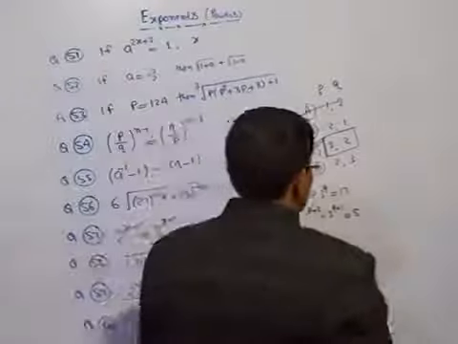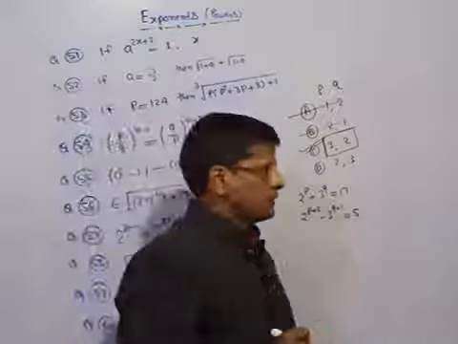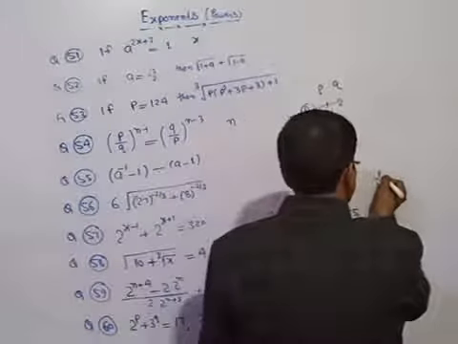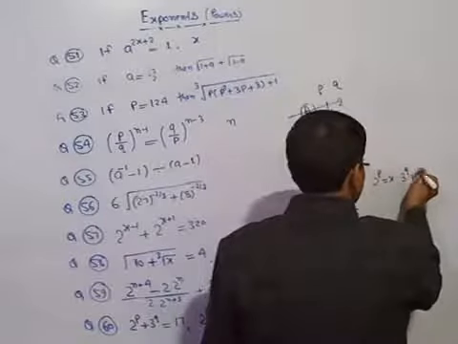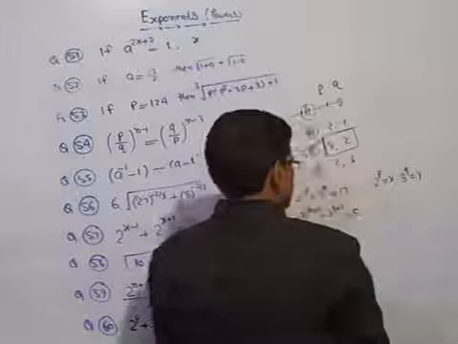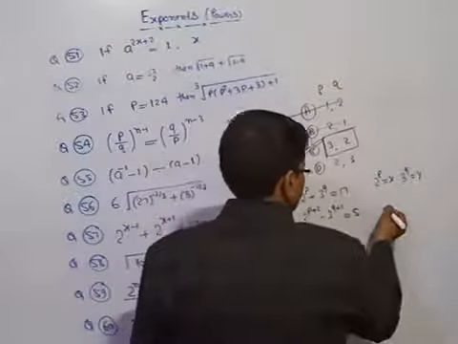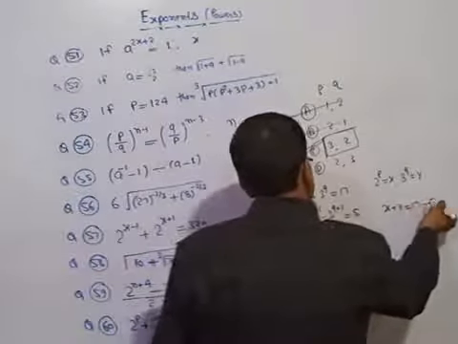Now we can solve this question by the detailed method. Let 2 to the power p equal x and 3 to the power q equal y. Now this step we can write: x plus y equals 17, equation first.